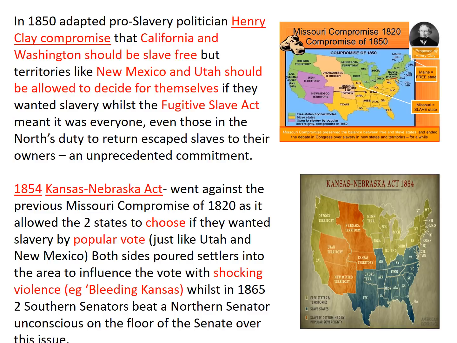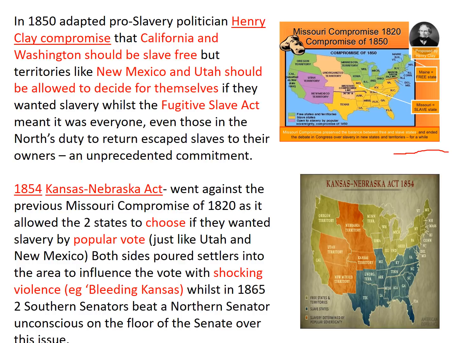Meanwhile, they also managed to pass the Fugitive Slave Act, which says that if escaped slaves have been found, even in the North, then the North had a duty to return them. So we now have also, in 1854, the Kansas-Nebraska Act. The Missouri Compromise, remember, said that slavery wouldn't go any further south, and the Kansas-Nebraska Act went against this, allowing the two states of Kansas and Nebraska to choose if they wanted slavery by popular vote.